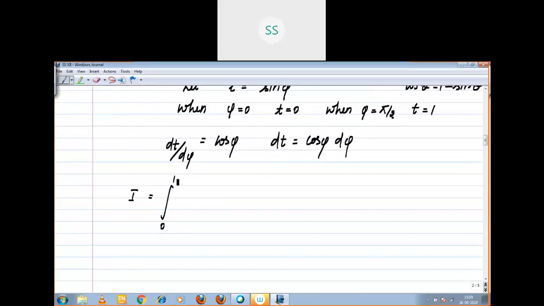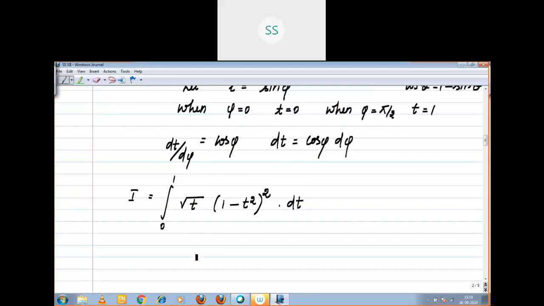The 0 to pi by 2 is changed in terms of 0 to 1. Root t, because sin phi you consider as t, 1 minus t square the whole square into dt. You have to be careful while replacing the function in terms of another variable, right?